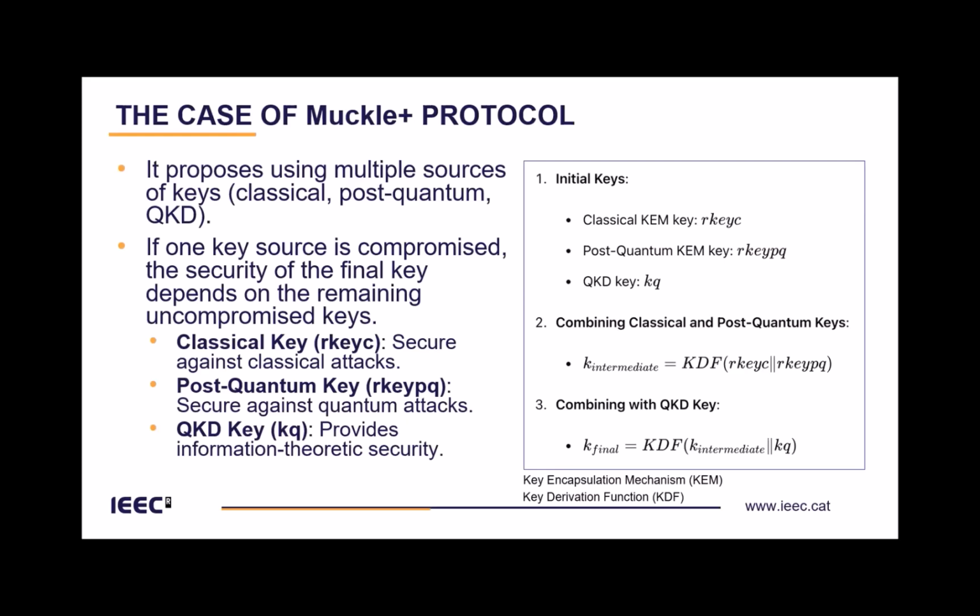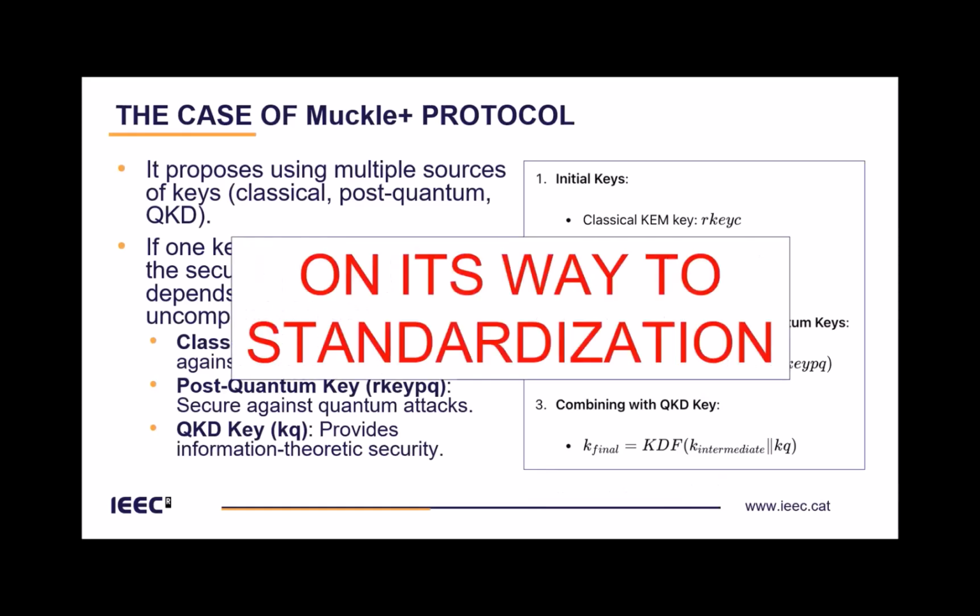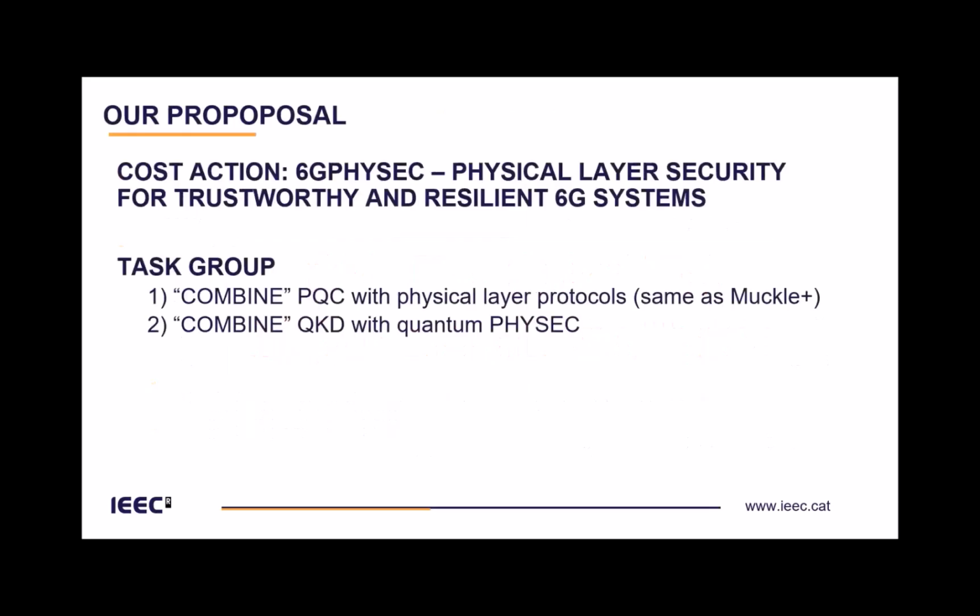So that's a big thing, how to put all these things together. They combine them and define several functions and mechanisms, and more or less do the security definitions. But I believe there is still some work to do. As far as I know, it's already on its way to standardization.